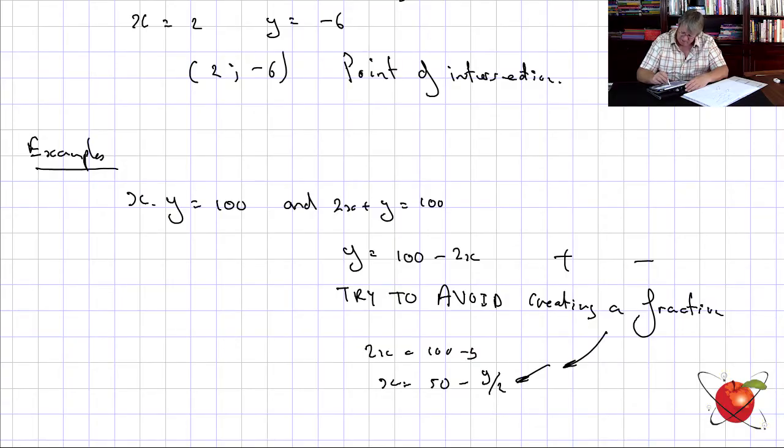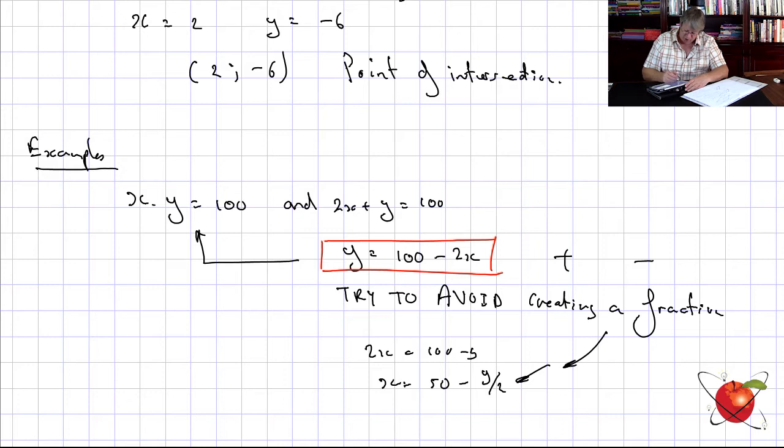So now we've rearranged and got y equal to 100 minus 2x. What is the next step? The next step in substitution: we say x times, and I replace that y by 100 minus 2x, is equal to 100.